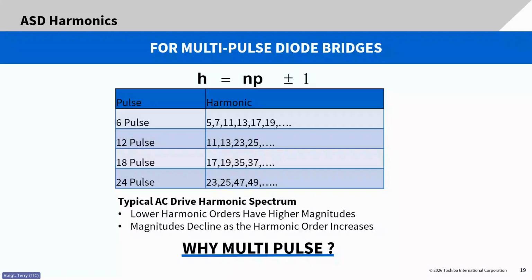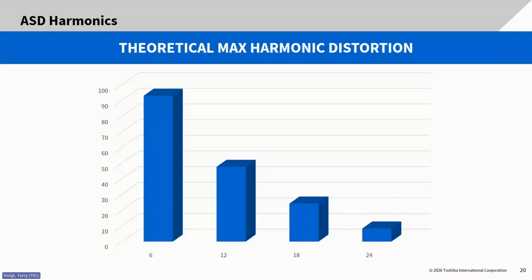For the overall theoretical max harmonic distortion, you can get a visual representation here, comparing 6, 12, 18, and 24 pulse. You see the normal VFD, or the most common, right? So 6 pulse generates a lot of harmonic content, unfortunately. Depending on the whole mixture of the system, that might be recognizable in the total harmonic distortion calculation, or it might not, right?